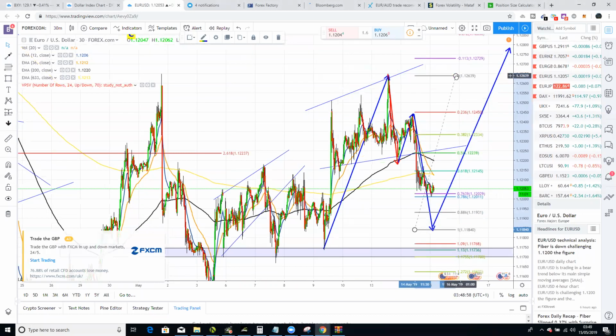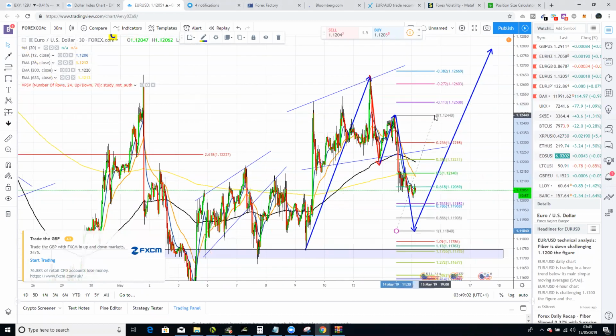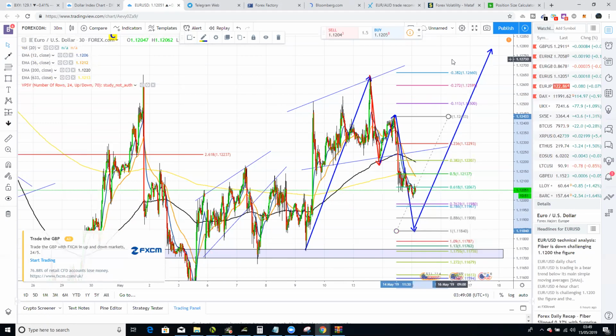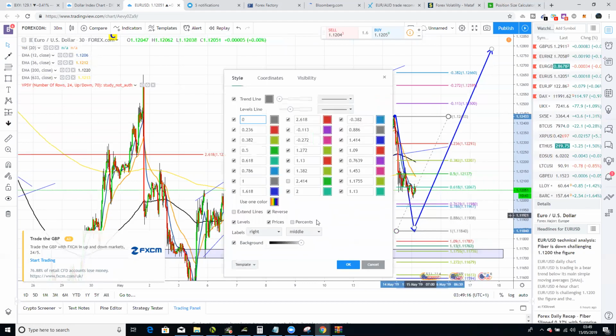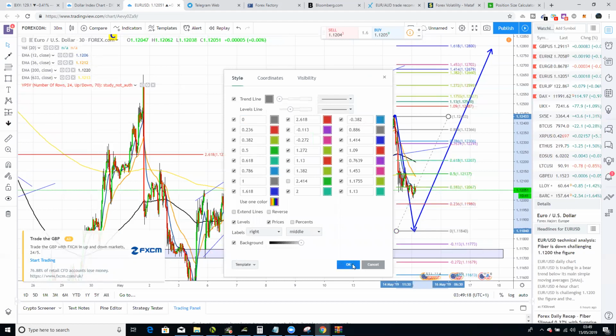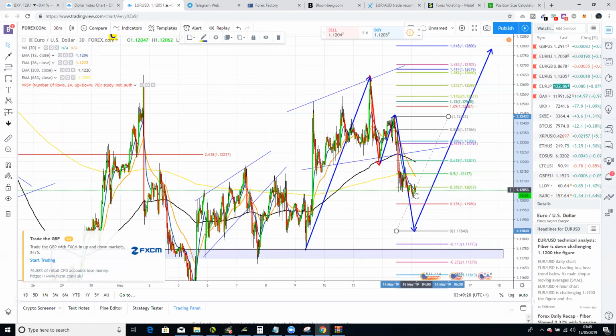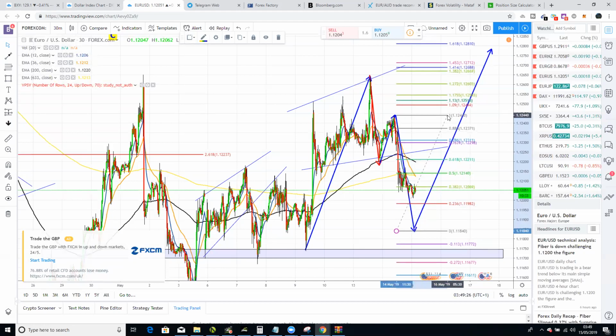And then, I mean, there are also different ways to do your target. Look at the C to D leg alone. Your target depends on how significant your C to D leg is to you. And then you can look into obviously the entire move. So you can look into this C to D leg, put a Fibonacci on top of it, okay?